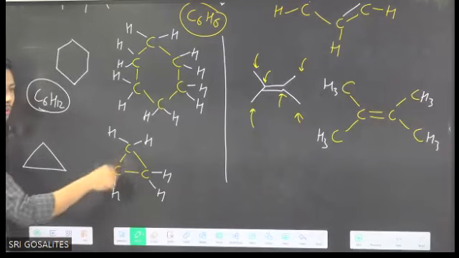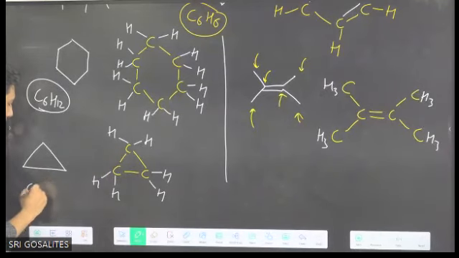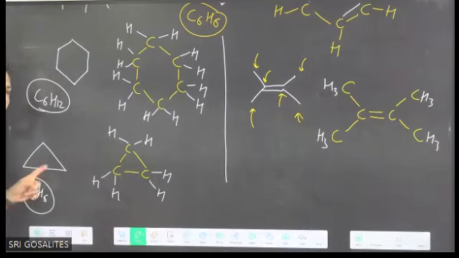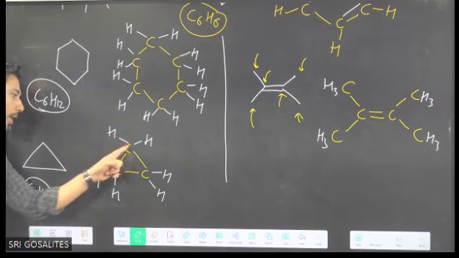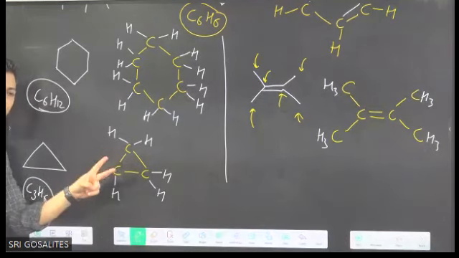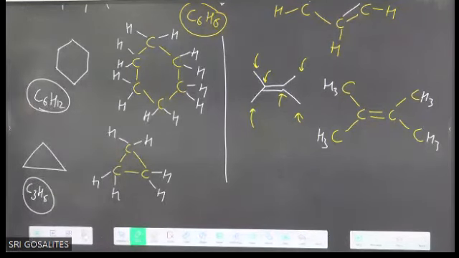If you count the total carbon and hydrogen, the formula will be C3H6, but it is a ring structure. Each vertex is carbon and each carbon is bonded with other carbons by two bonds, so the other two are with hydrogen.